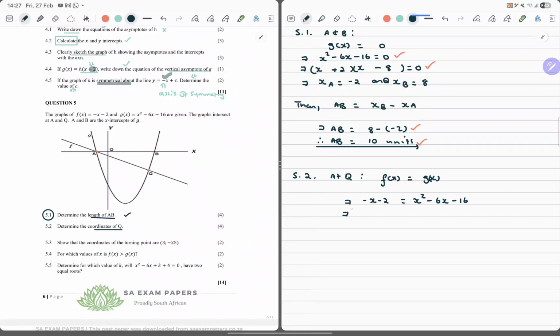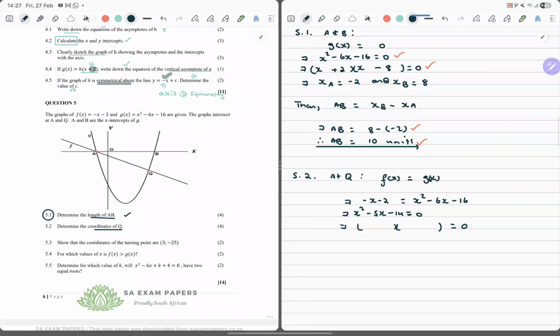Now this is quadratic. We write it in standard form: x² - 5x - 14 = 0. Then we attempt to factorize.